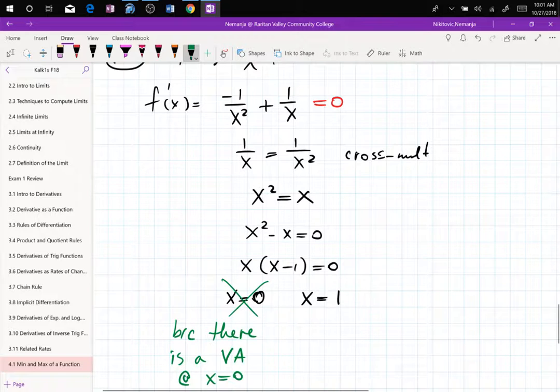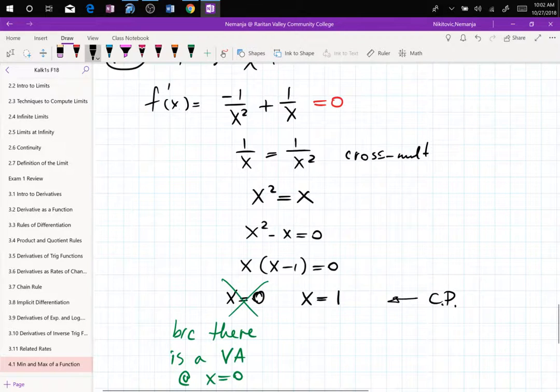The function doesn't cross the vertical asymptote, so it cannot have a min or max value on a vertical asymptote. So we have to drop that. So the only critical number we have is at 1.